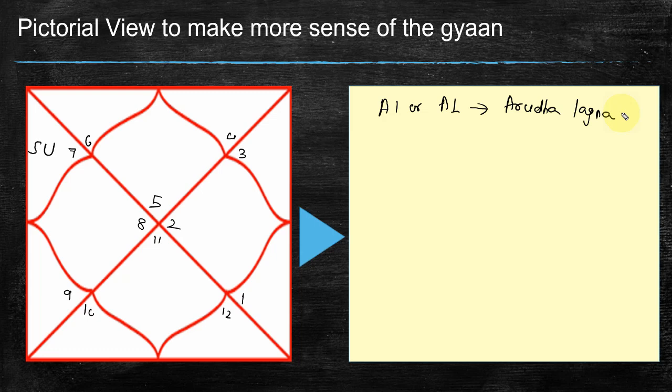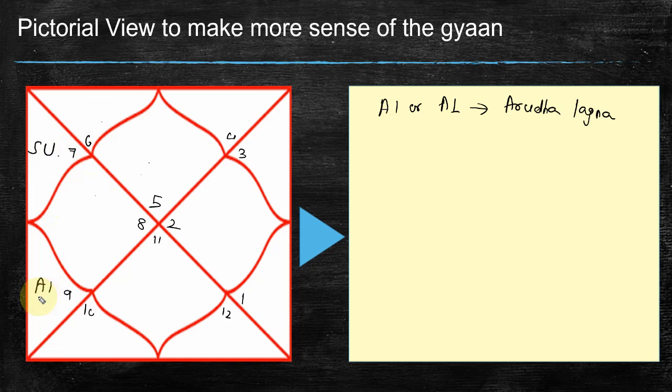Now in this case, as I said, the lord of the first house is 3 houses away from it. So 1, 2, 3. Now from the lord of the first house, you have to again move the same number of houses. So 1, 2, 3. Now this is actually A1.